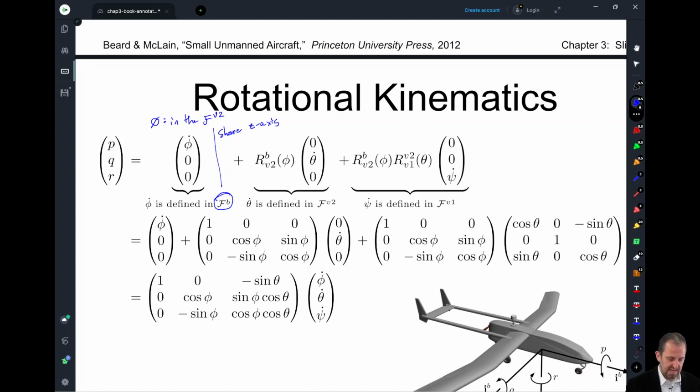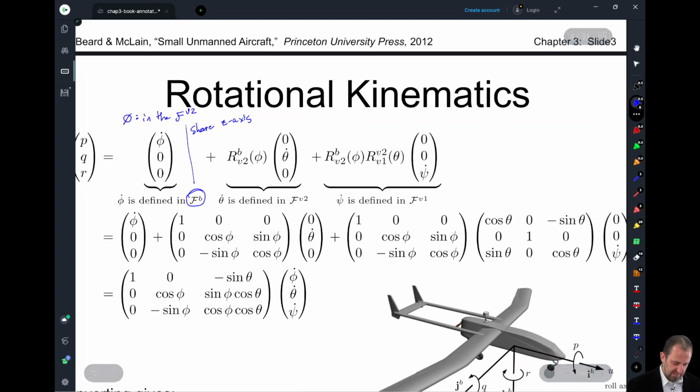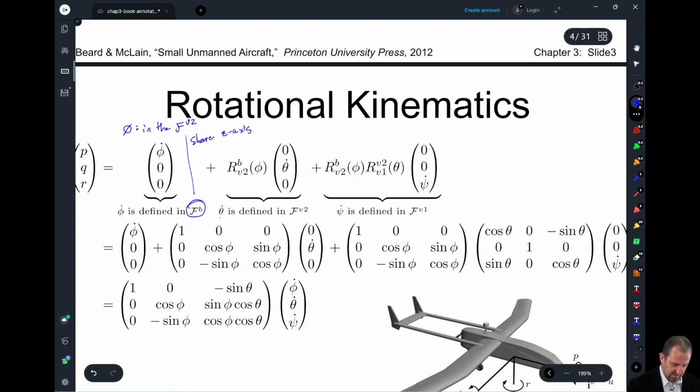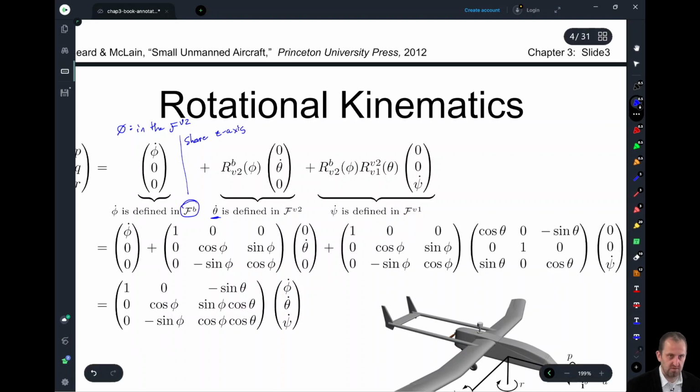Now, phi is absolutely in the vehicle 2 frame, but its time derivative, how much it's changing, is going to be equivalent whether it's in the body or the vehicle 2 frame. So phi is still nice. If we look at theta, I say phi is nice because its time derivative is immediately in the body frame.